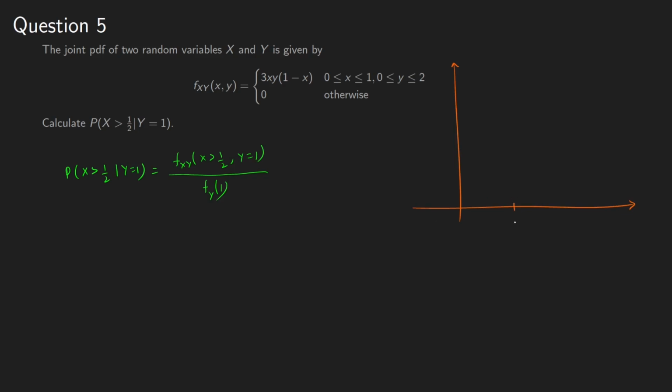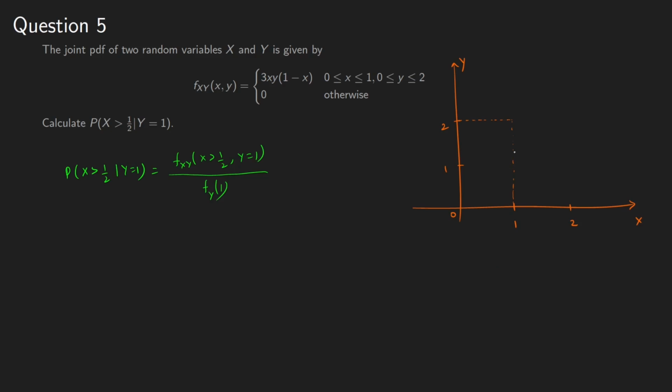So, 0, 1, 2. x goes from 0 to 1 and y goes from 0 to 2. Now how do you consider this joint distribution?